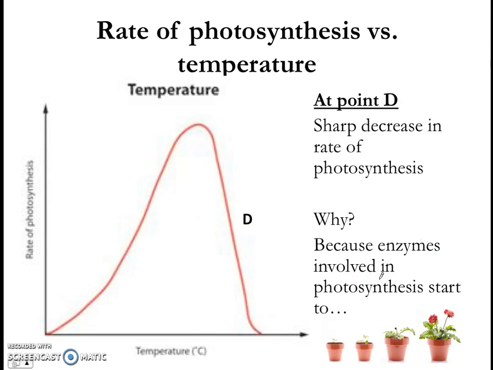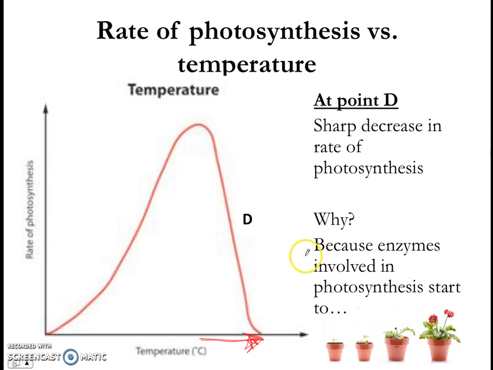And finally, at point D, we see that beyond the optimum temperature, as temperature increases, the rate of photosynthesis decreases sharply. And why is that? Well, the explanation is the same as enzymes again. It's because the enzymes start to denature.